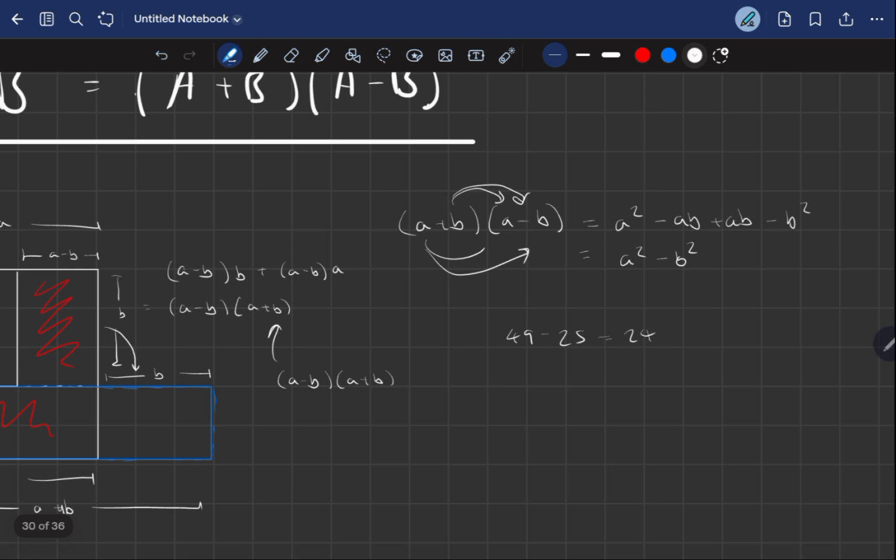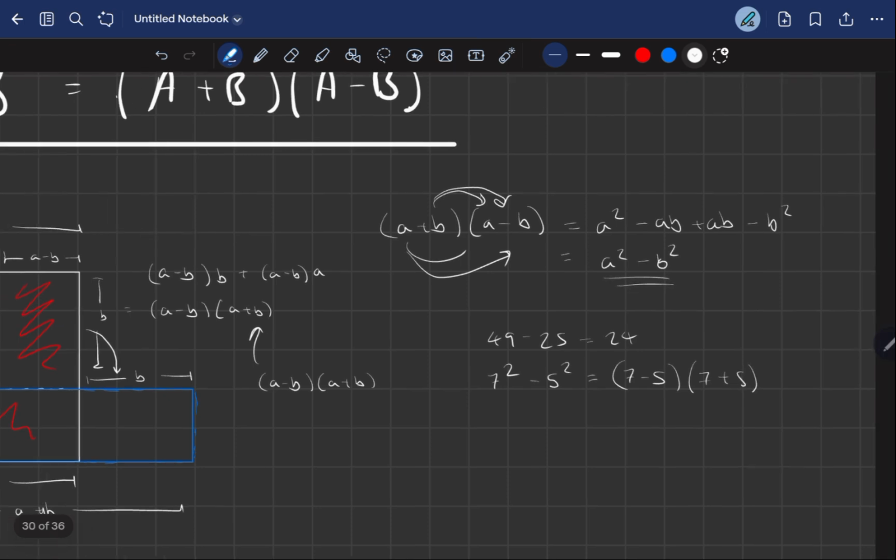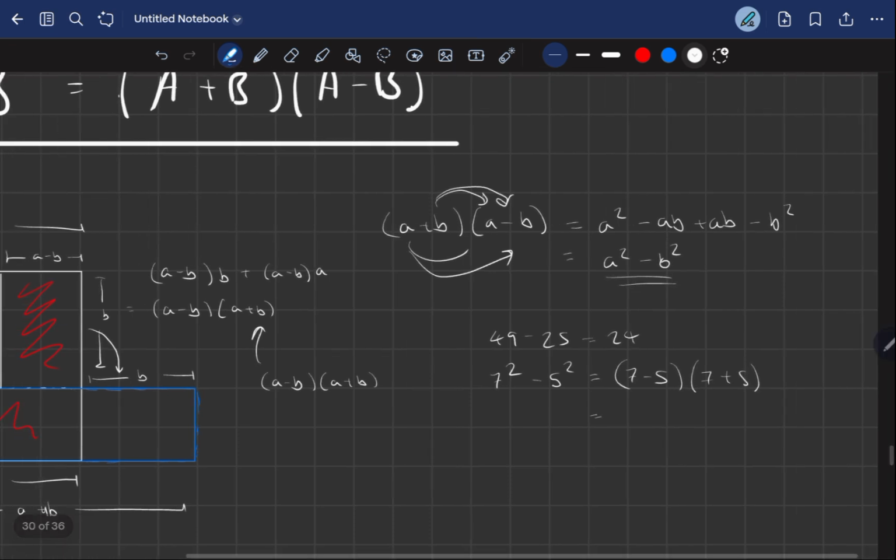However, another way of doing this is we can represent 49 as 7 squared minus 25 as minus 5 squared. And this is the same as 7 minus 5 and 7 plus 5, as we showed already right here. Okay, and what is this? This is just 2 times 12, which is 24.